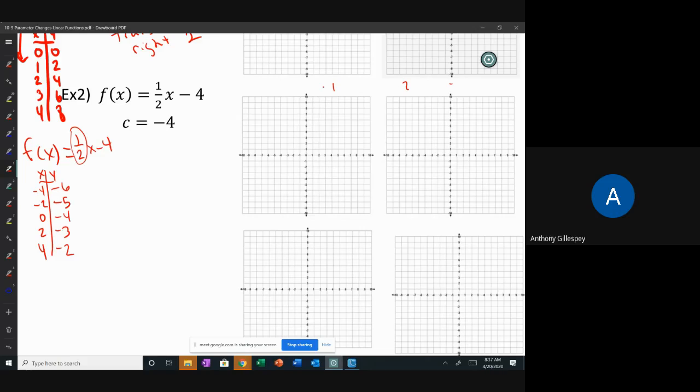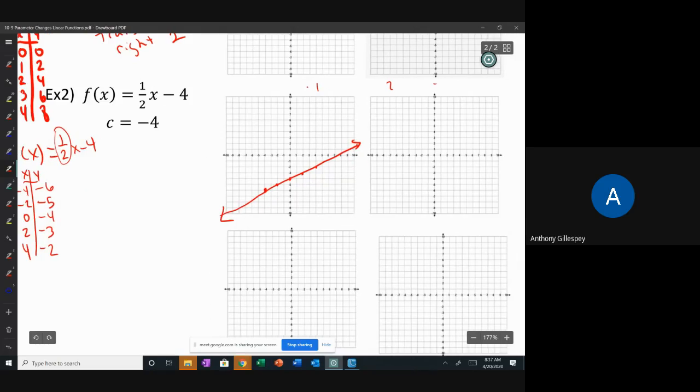And I'm going to graph it twice on each graph real quick. -4, -6 is here. -2, -5 is here. 0, -4 is here. 2, -3 is here. And 4, -2 is here. So my graph looks like this.